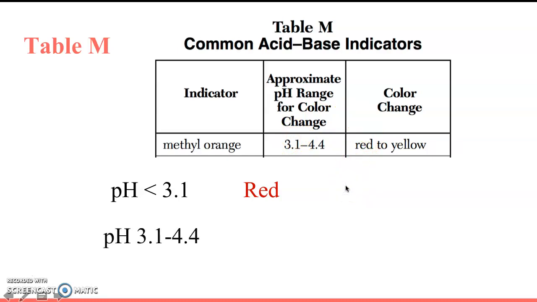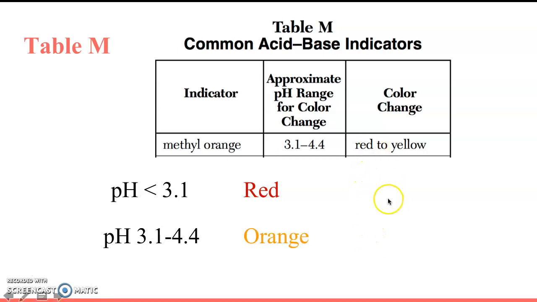My second option is the pH of the solution is somewhere in between 3.1 and 4.4. Let's say a pH of 3.6. If my solution has a pH of 3.6, you can get an orange color, somewhere between red and yellow.